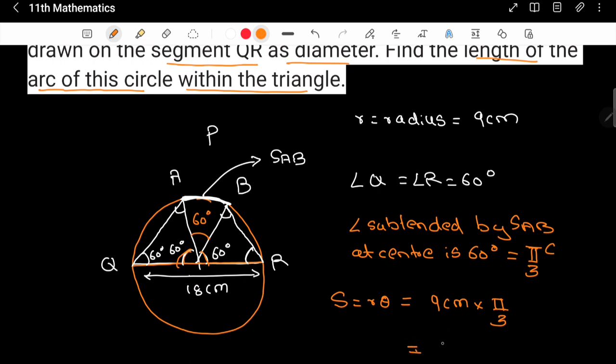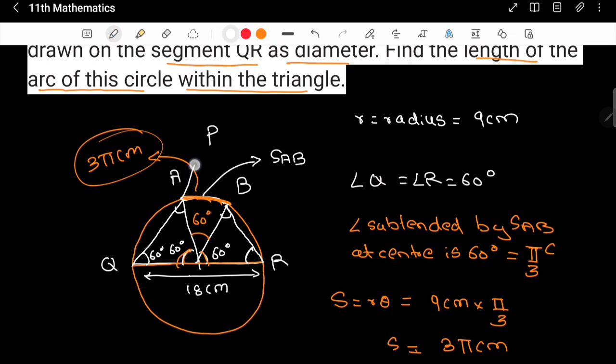So this comes out to be 3 pi centimeter. So the length of this arc AB is 3 pi centimeter. Why? Because that is the arc which is inside the triangle.